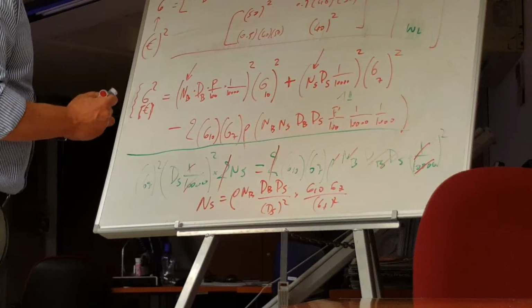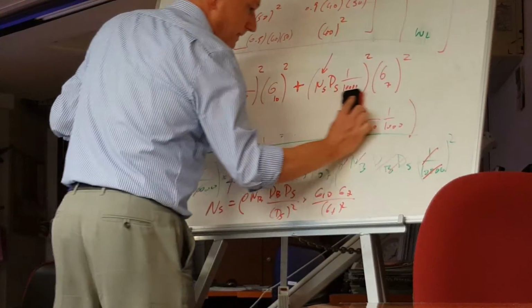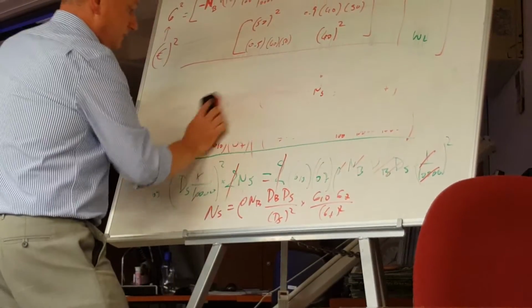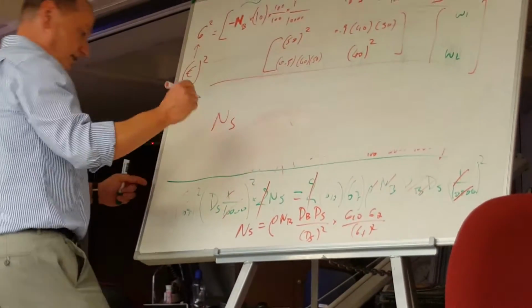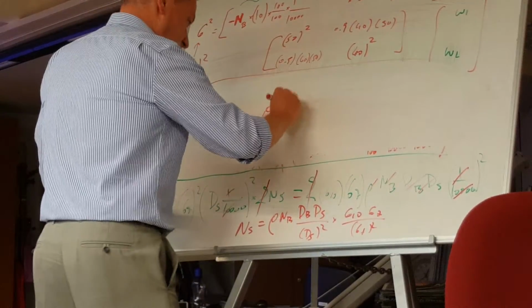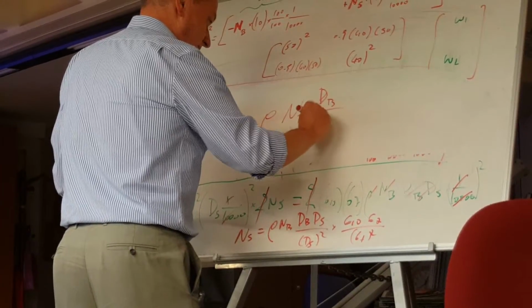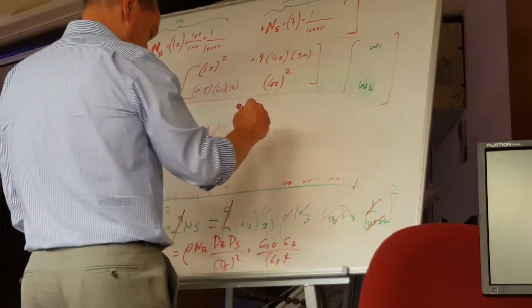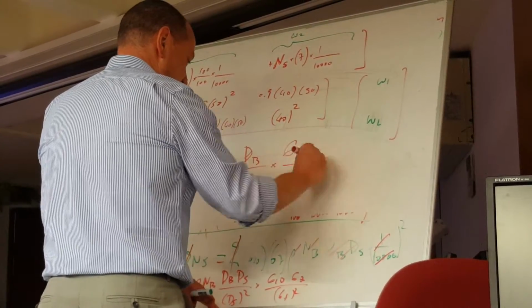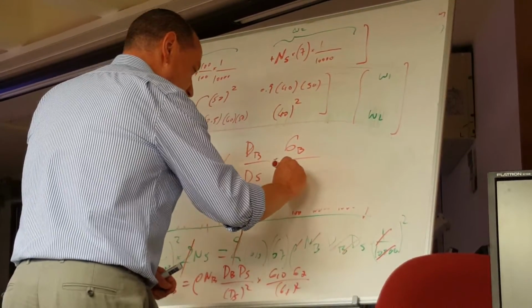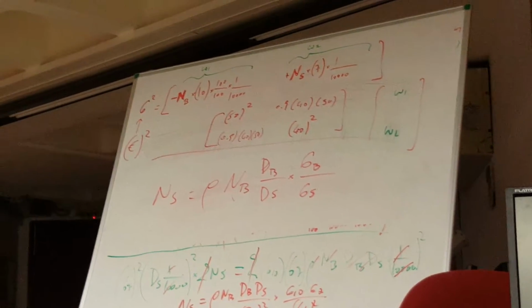Or I can write it here. Then NS equals rho NB dB over dS times sigma B over sigma S, let's hold it like this, which is very, very close to this.